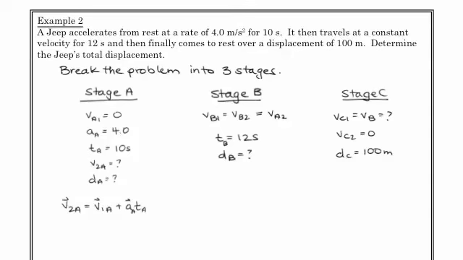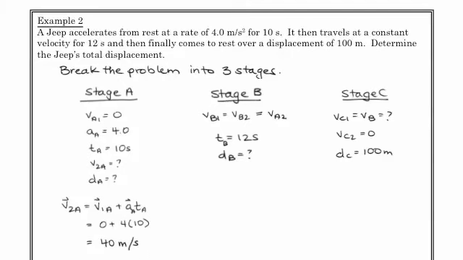So here we have an equation where we can work out the velocity at the end of Stage A. We'll just use v2 equals v1 plus at. The subscripts may at first seem confusing, but we have the subscripts looking specifically at just Stage A that we're interested in. So we know the initial velocity is 0, acceleration is 4, and the time is 10.